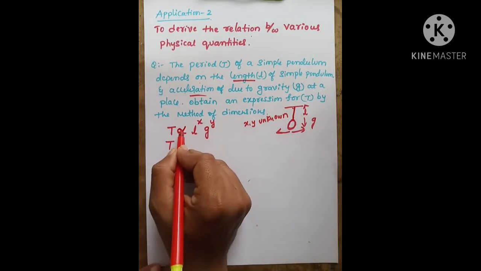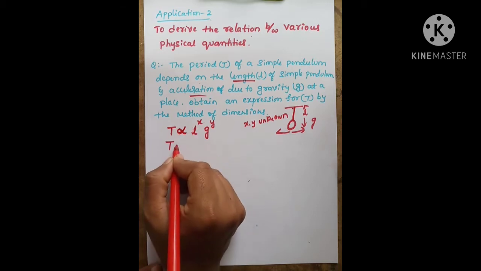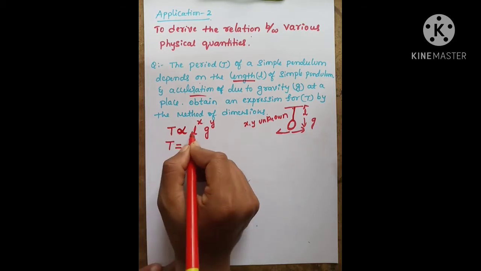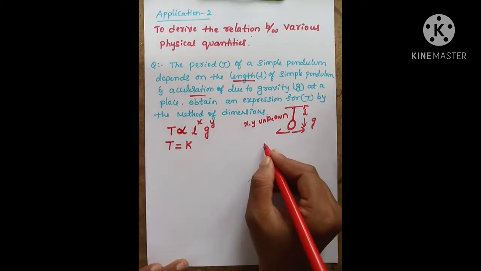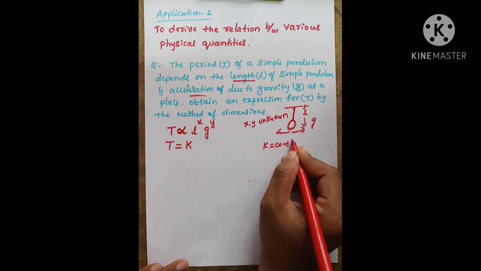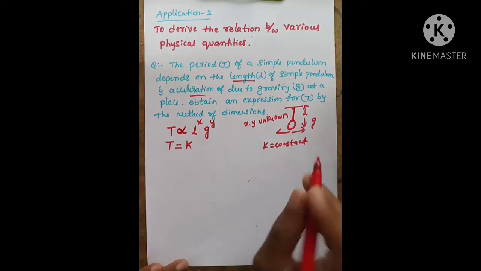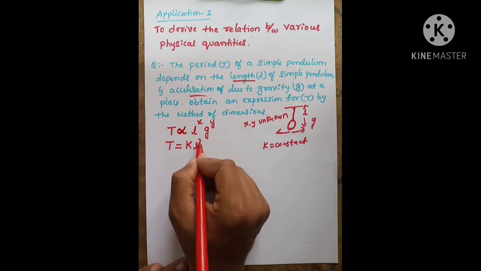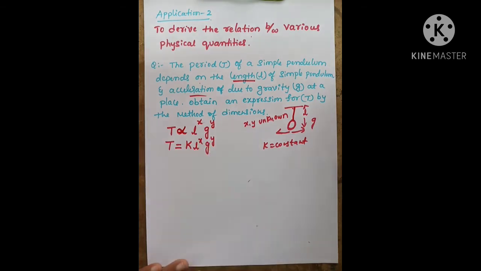In order to remove the proportionality we write T is equal to k, where k is called the proportionality constant. We will see that later. L to the power of x, g to the power of y.